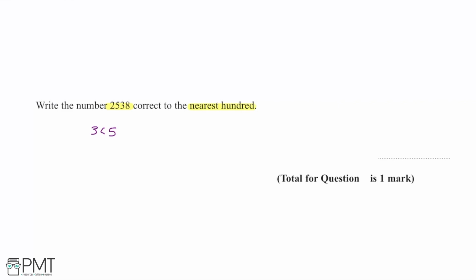If the 3 was greater than or equal to 5, we'd be rounding up to 2,600, but because 3 is less than 5 and 3 is in the tens column, which is before the hundreds column, we're going to round down. So 2,538 is going to round to 2,500 to the nearest hundred.